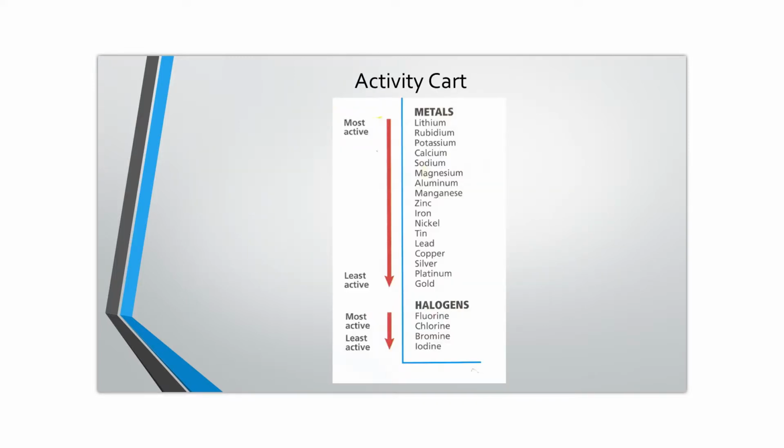So here's the chart, and see how it works here. At the top of the chart are our metals, and then we have a separate chart down here for halogens. Now among our metals, lithium is the most active. In other words, it is the king of the series. So it will kick out anything below it. Rubidium will kick out anything below it. Potassium will kick out anything below it.